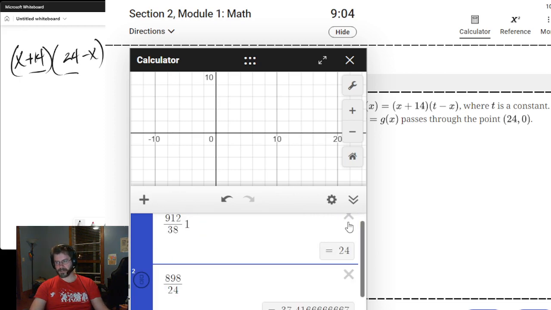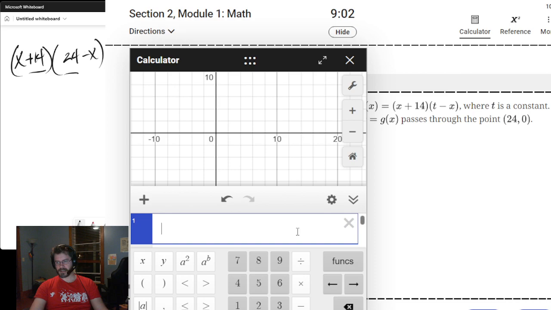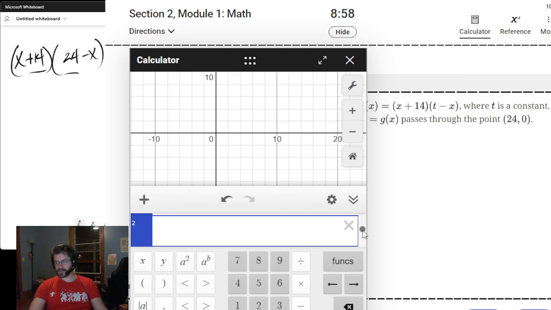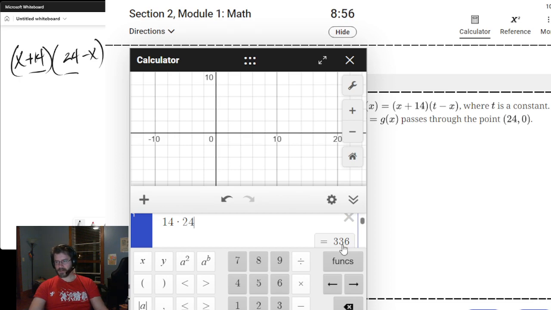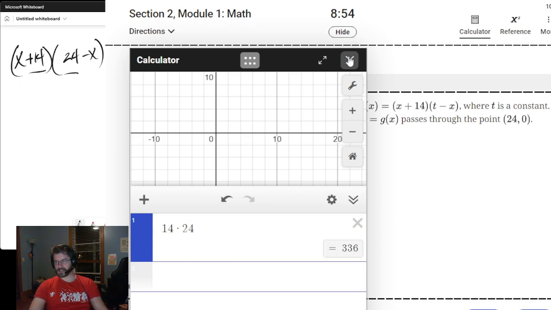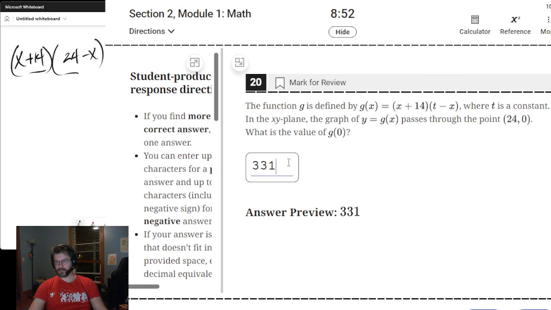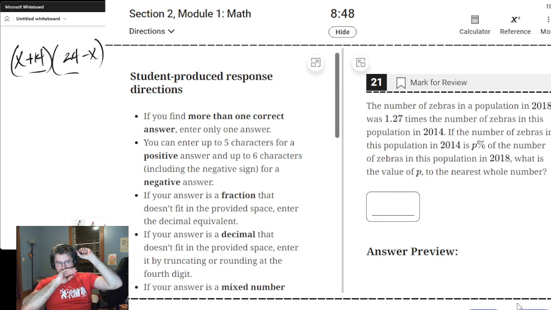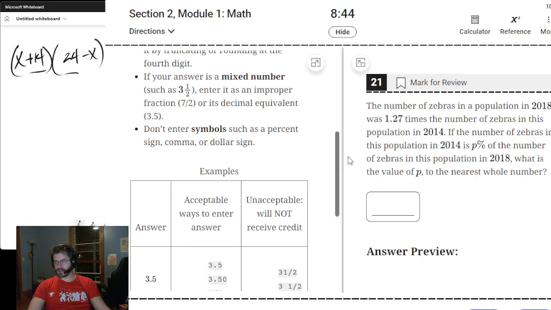I'm sure, again, there's maybe a faster way to do this, but this is my first take at it, so I'm doing what I can. We get 336, and that's going to be my answer. Oop, type it in correctly. Sorry. All right. Another plug it in kind of question.